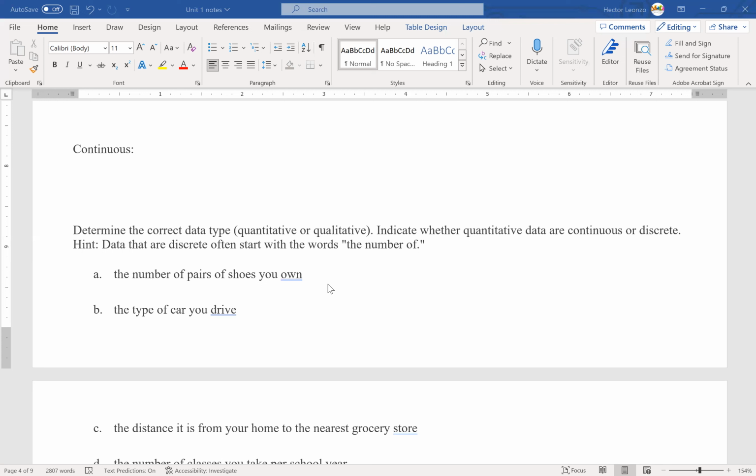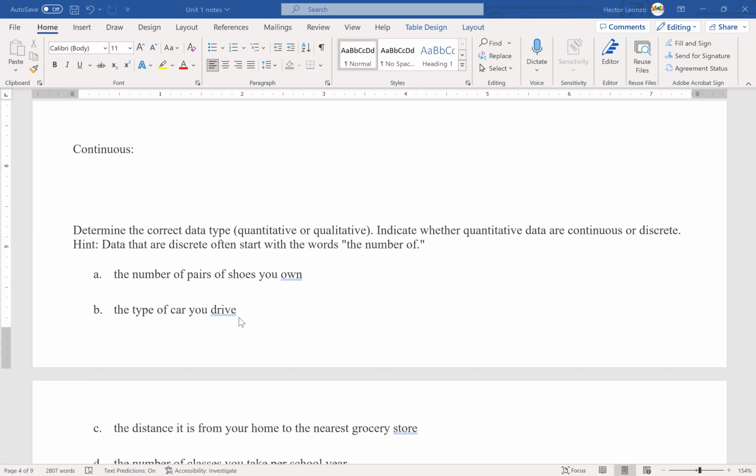When I count the number of pairs of shoes that I own, can I get my answer as a decimal answer? Not quite. So in this case it would be quantitative discrete. So again, if it is qualitative, just qualitative. If it is quantitative, I want quantitative discrete or quantitative continuous.